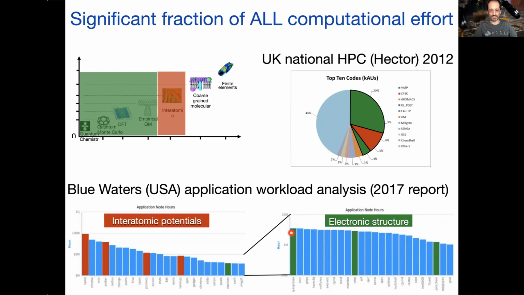This is now a blow up, and that's where the electronic structure codes are. And the fact that the UK and the US are flipped sort of reflects just history, a little bit of scientific culture, where the big schools of science have grown up around these pieces of codes. But what I want to get across is that a very significant amount of computer time is spent in doing molecular dynamics at some level or another.